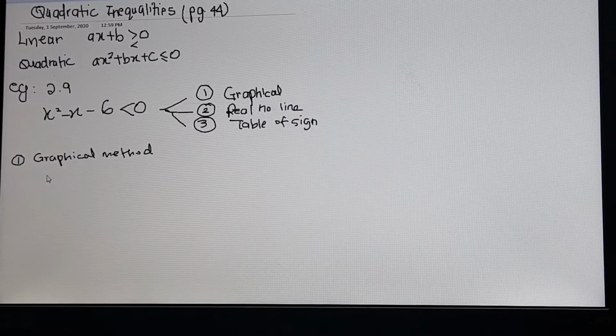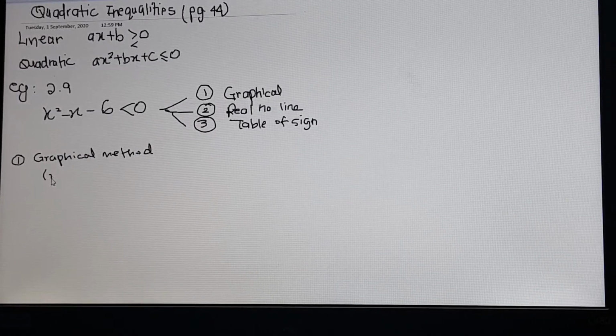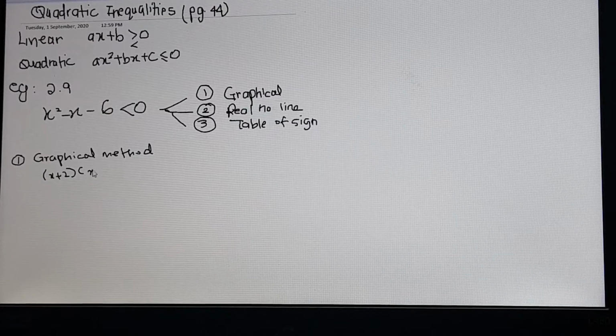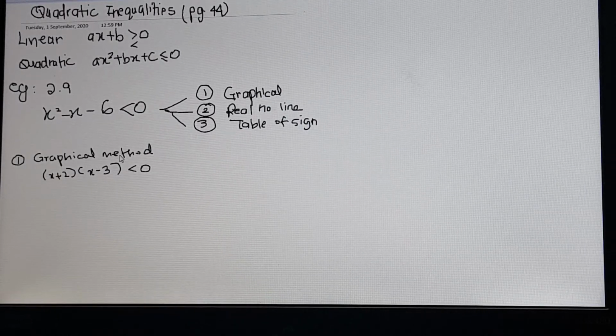So you factorize x squared minus x minus 6, you got x plus 2 multiplied by the other factor, x minus 3, less than 0. So here you have to sketch a graph.